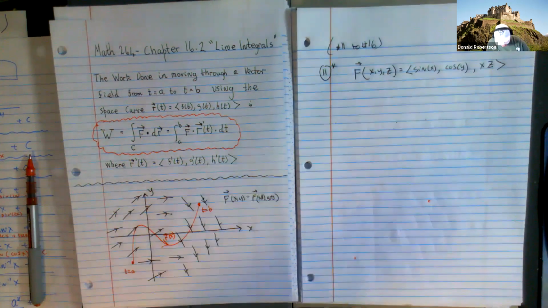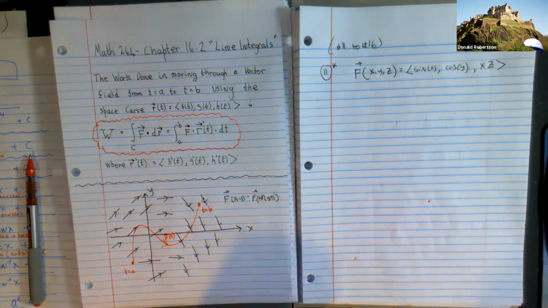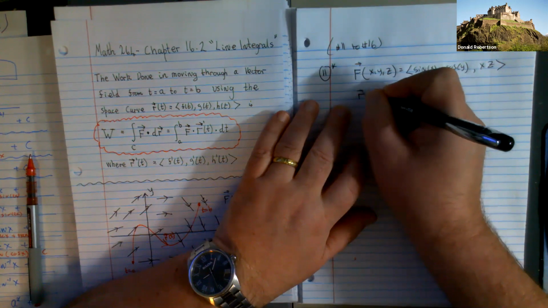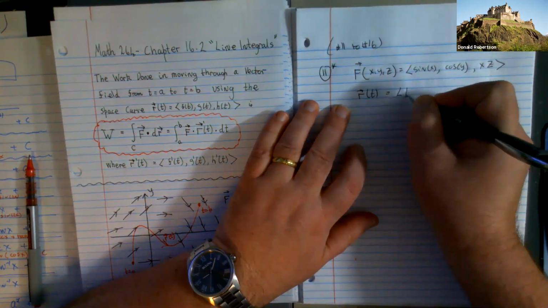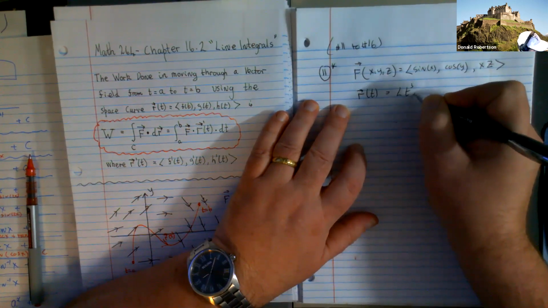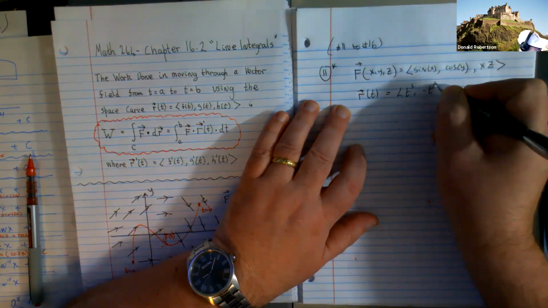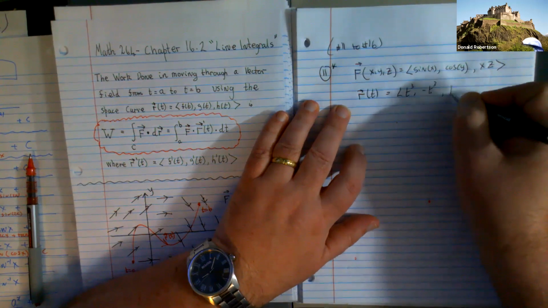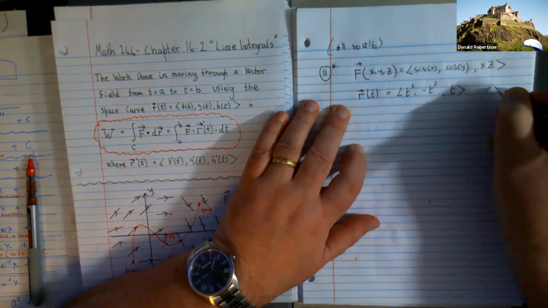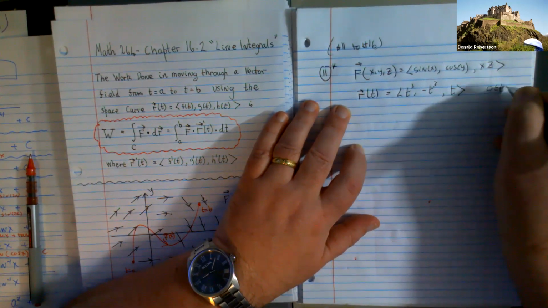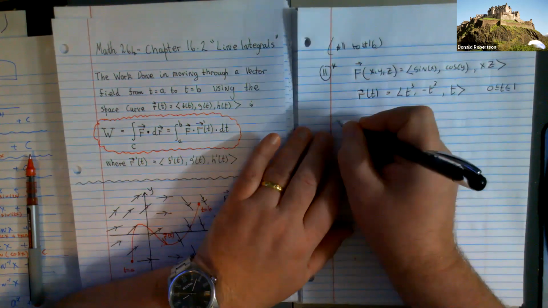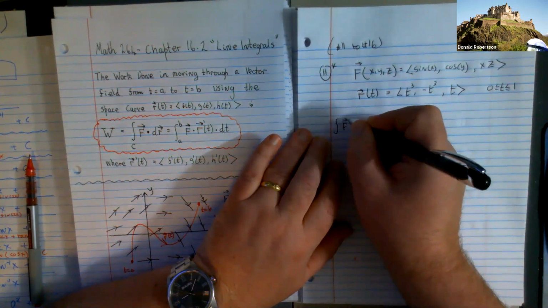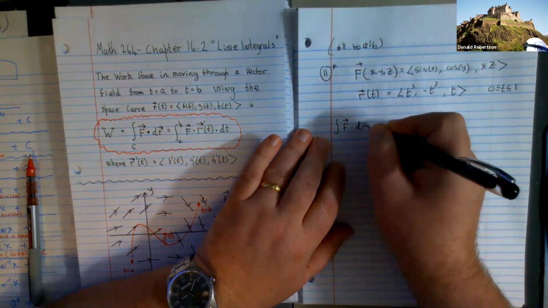So that's a three-dimensional vector field. And the space curve that's traveling through this vector field is t cubed, negative t cubed, at least in my example, t, and it's going to go from t equals 0 to 1. So that's essentially the information, and you're being asked to find the work done. So you're being asked to find that.